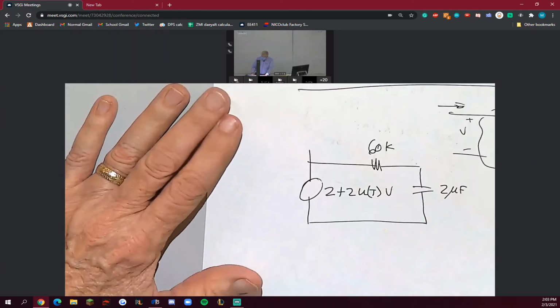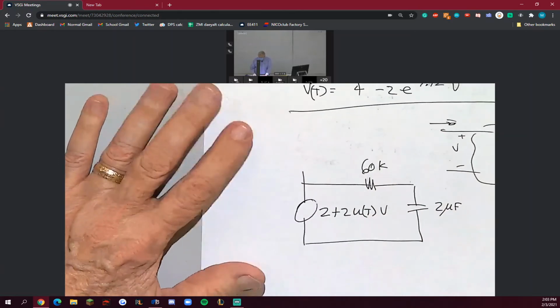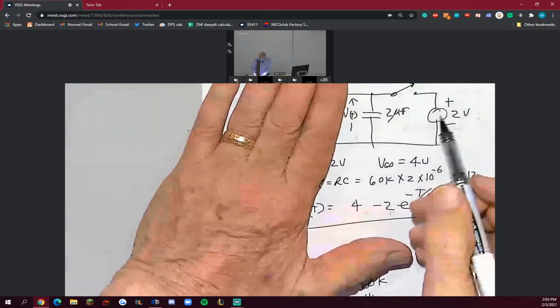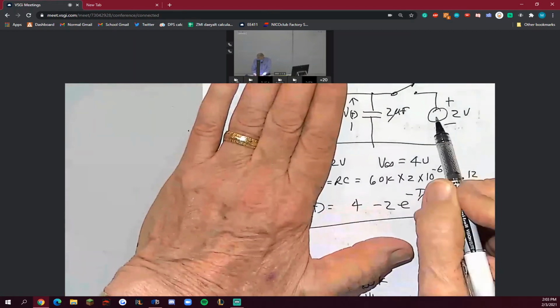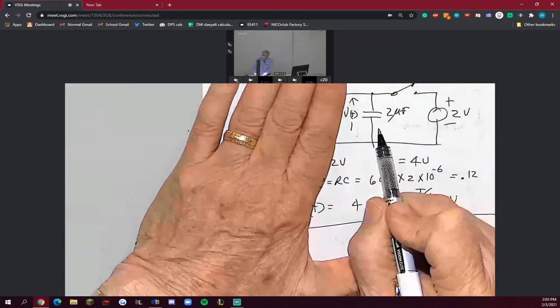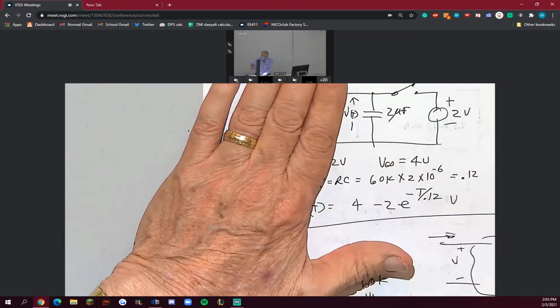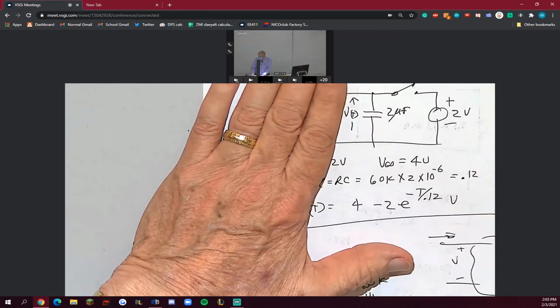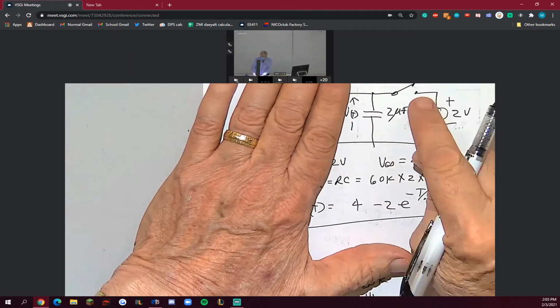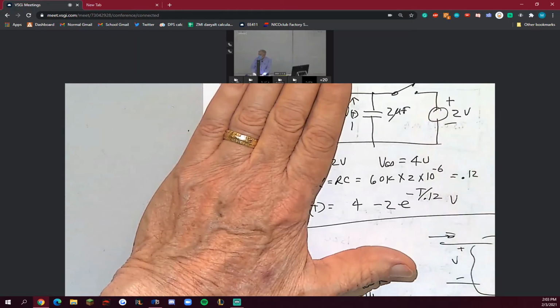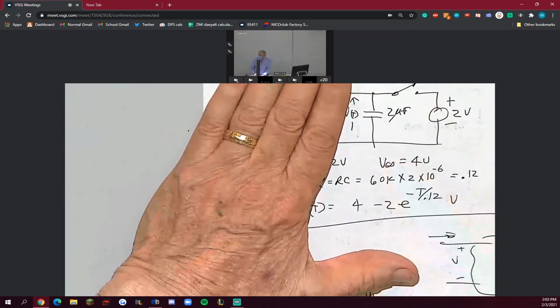But what it doesn't show is that in this case, we've got a source that's directly in parallel with the capacitor. So it didn't have to be with the switch closed for any long period of time to build up the charge on the capacitor.